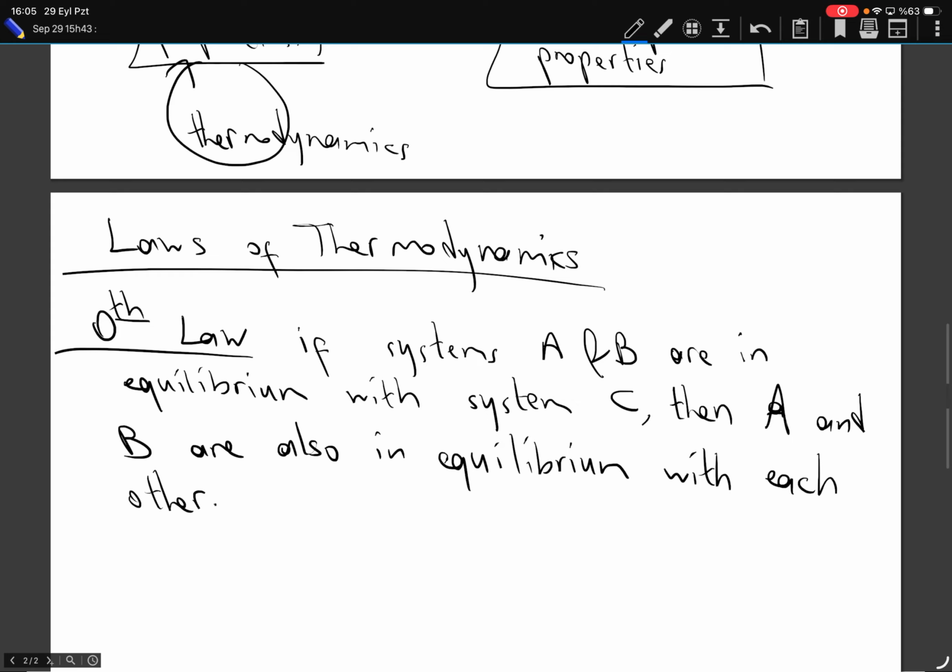Well, this law basically states that we can define a property of the system that we will call the temperature. There is a quantity called the temperature, and if two systems have the same temperature, then they are in thermal equilibrium with each other.